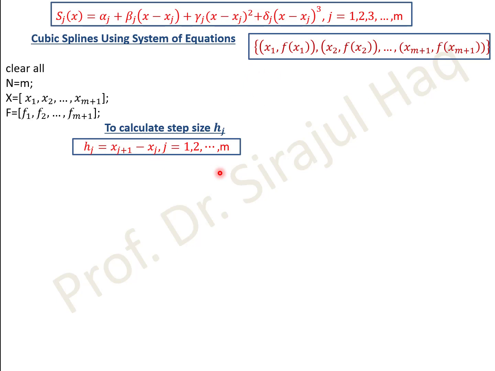The step size will be x2 minus x1, which I represented by h1, x3 minus x2, which I represented by h2, and x of m plus 1 minus x of m, which I represented by hm.